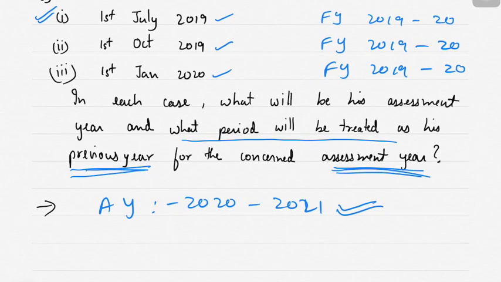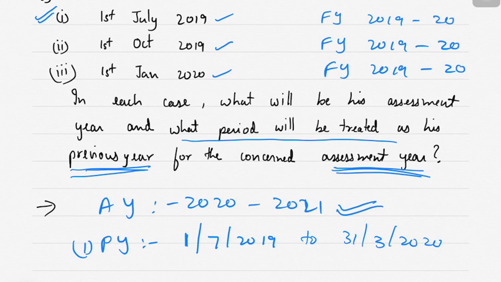So in the first case, your previous year will be from 1st July 2019 to 31st March 2020. In the second case, the business started on 1st October 2019.